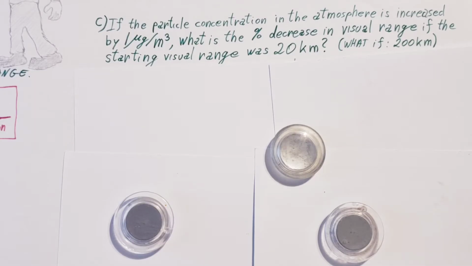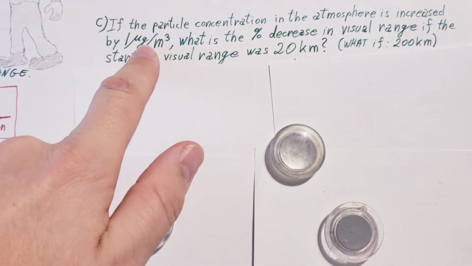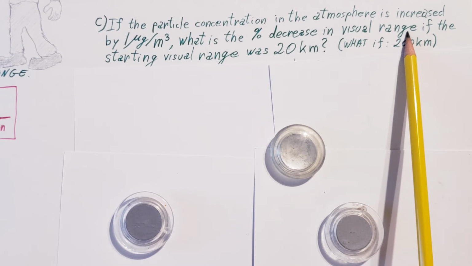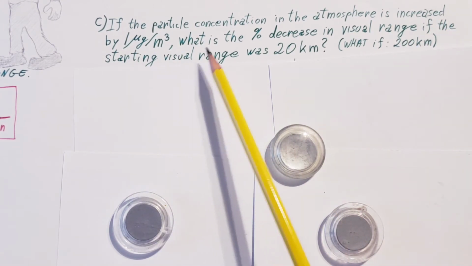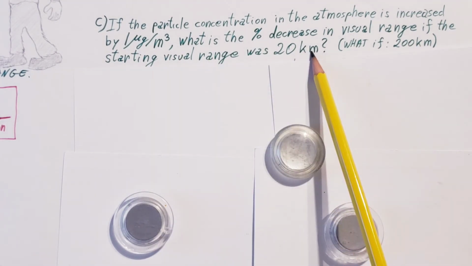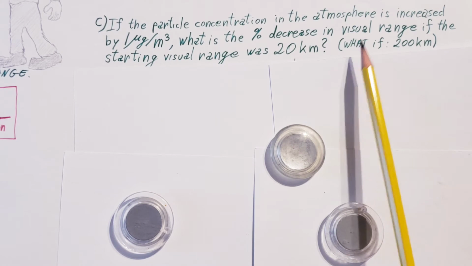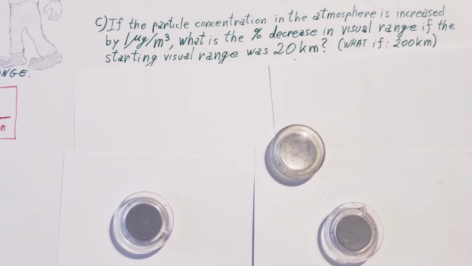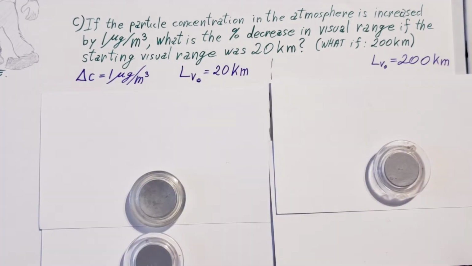Now for the third question. If the particle concentration in the atmosphere is increased by 1 microgram per meter cubed, what is the percent decrease in visual range if the starting visual range was 20 kilometers, and also calculate it when it was 200 kilometers. So we're going to calculate it for two scenarios.